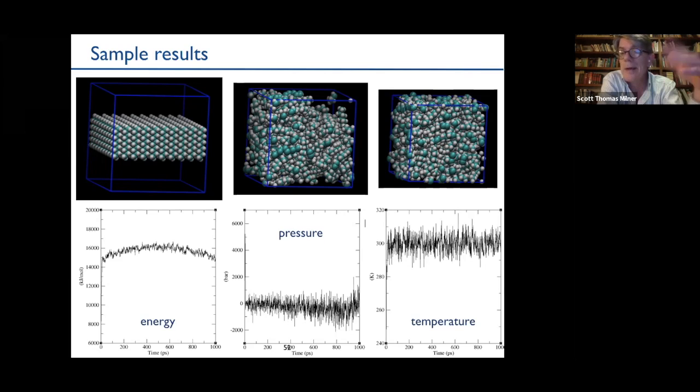Things are okay if the temperature has settled down and the pressure has settled down, and also if the molecules have had a chance to move around about their own size. Those sorts of judgments are what you use to tell that you've got a decently equilibrated starting point for a melt.